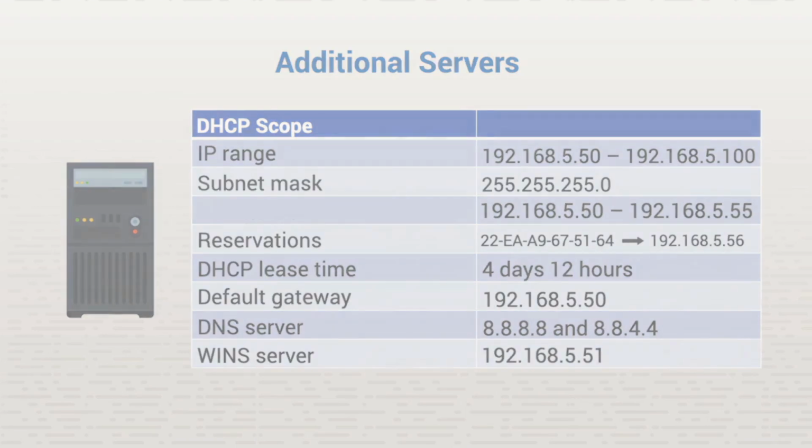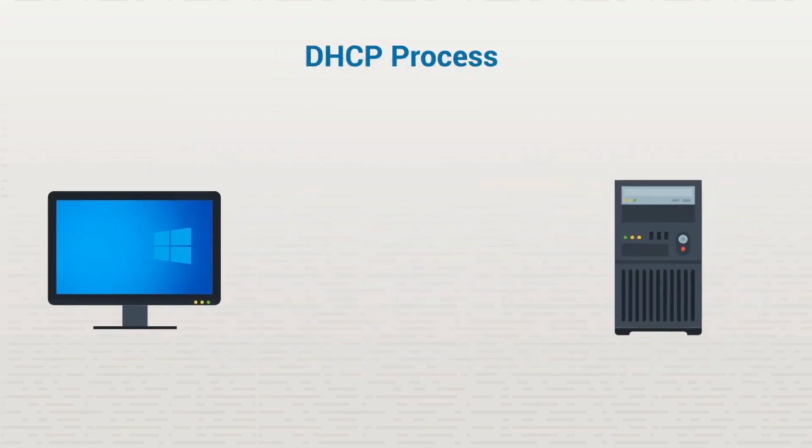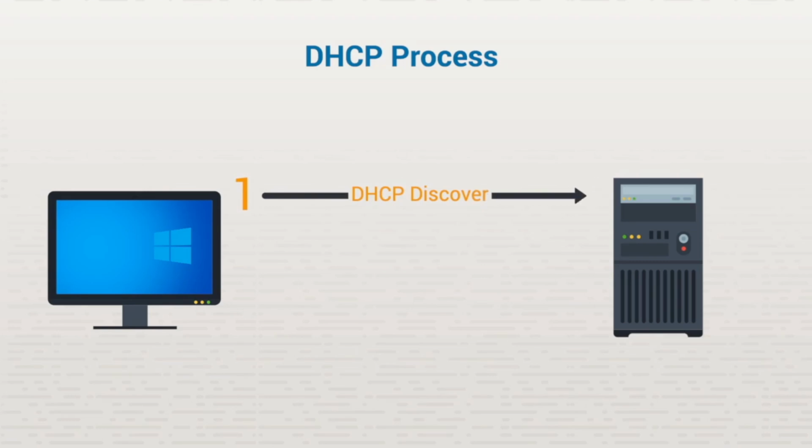When a new device connects to your network, it goes through a 4-step process to obtain the IP configuration from the DHCP server. The first step is DHCP Discover, where the device sends out a DHCP request on the broadcast address looking for any DHCP servers. The DHCP server gets the request and responds with a DHCP offer packet.